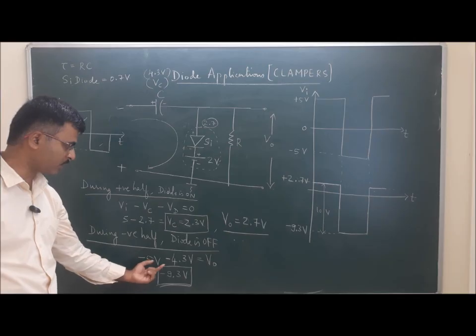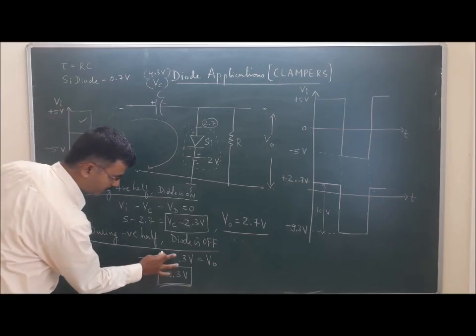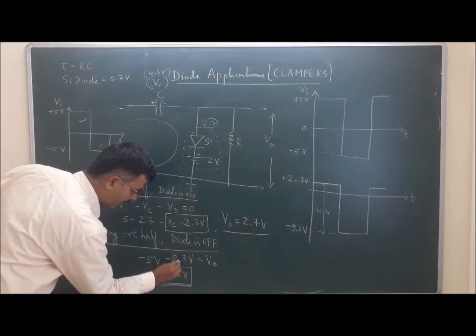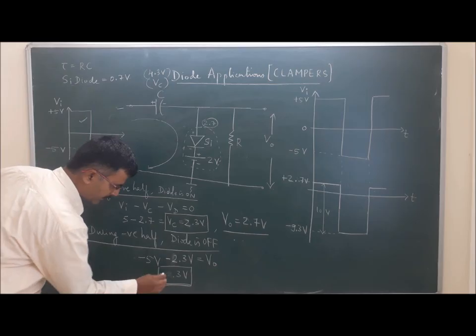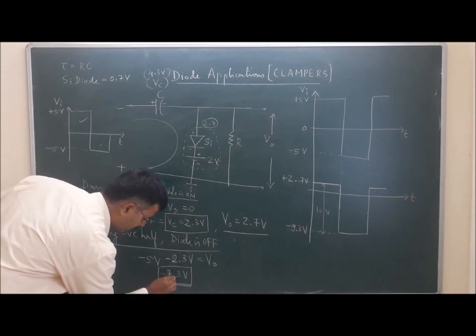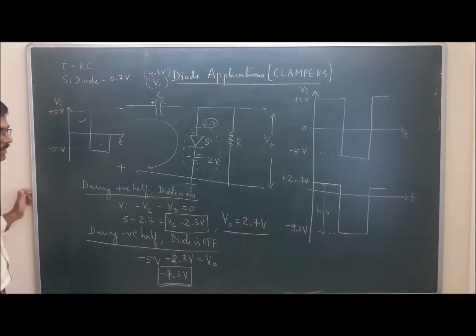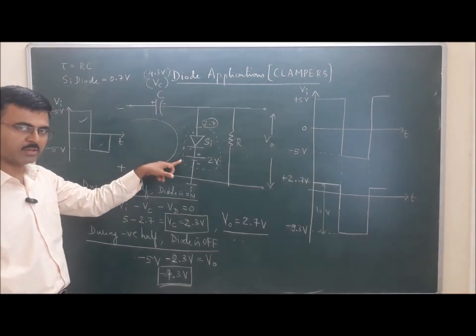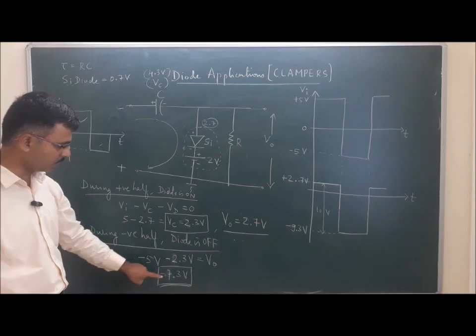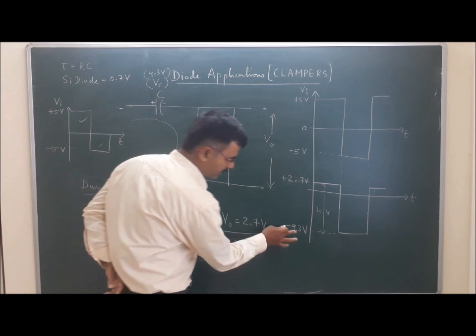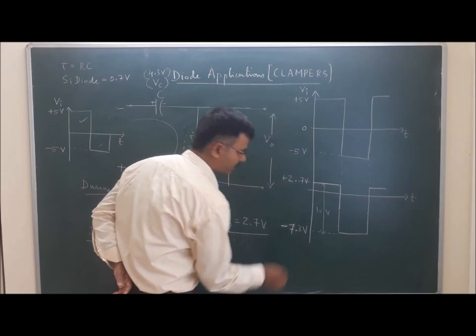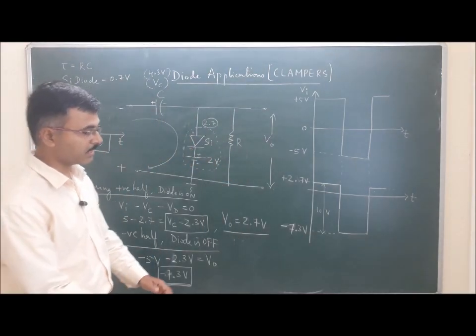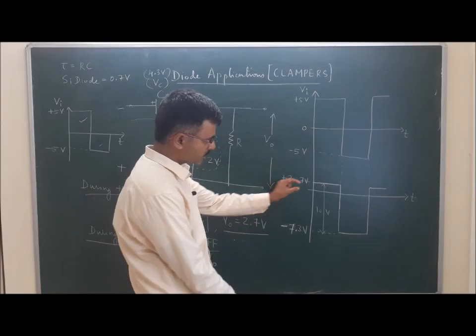Well, it is minus 5 volts, minus, instead of 4.3, now it will be 2.3 volts, which is minus 5 minus 2.3, that is minus 7.3 volts. Okay, so by placing a battery in this particular notation in series to the diode, the output voltage during the negative half will be minus 7.3 volts. So that has to be mentioned here, minus 7.3 volts.